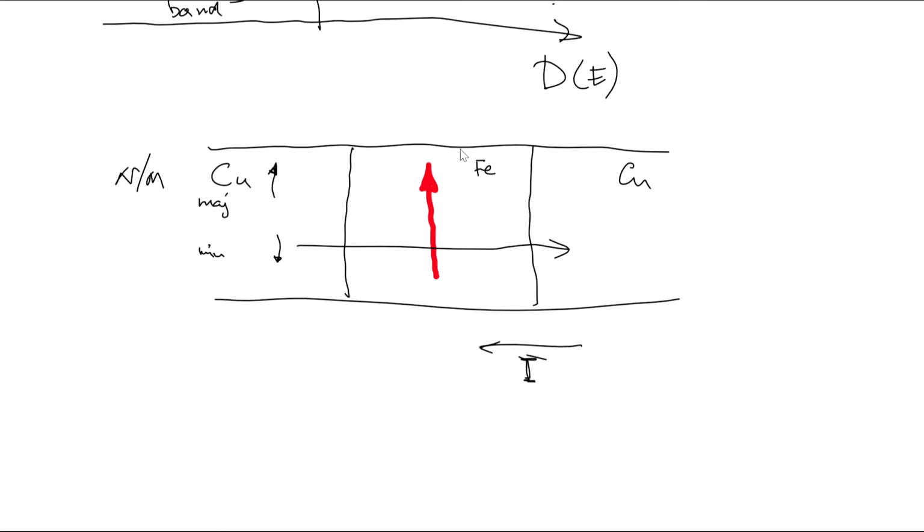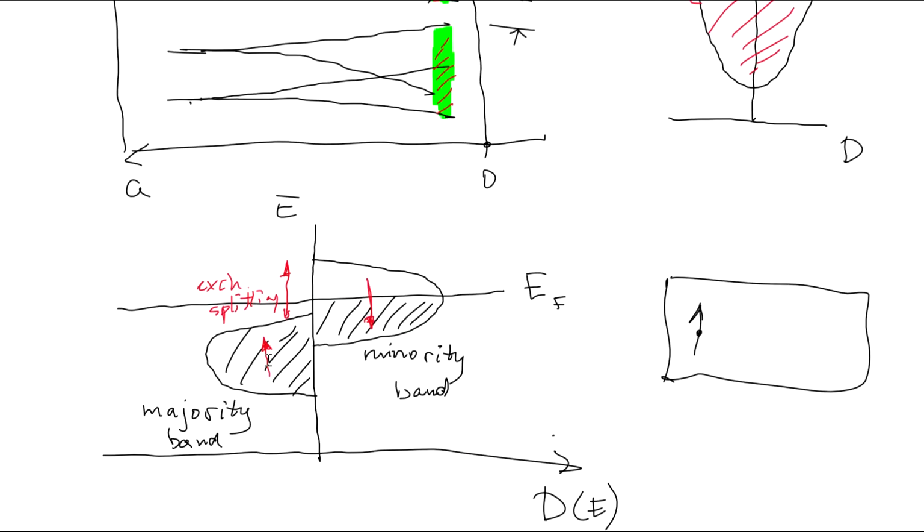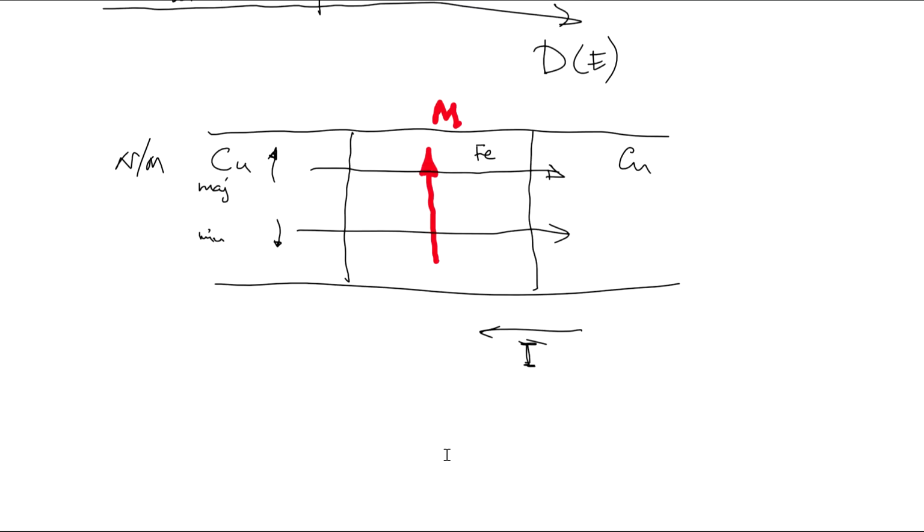Let me draw it more carefully. Magnetization. So what it means is that both spin up and spin down electrons will flow through the magnet, but there is more conductivity for spin up states because they're the majority. There are more electrons of that kind in the ferromagnet.